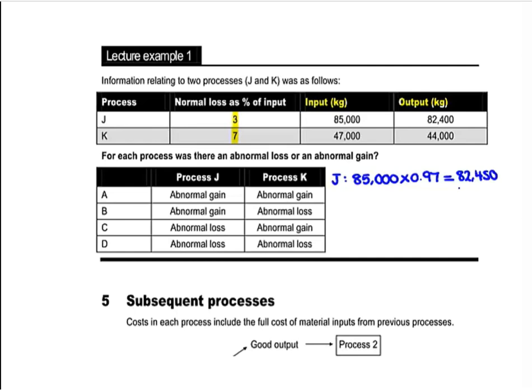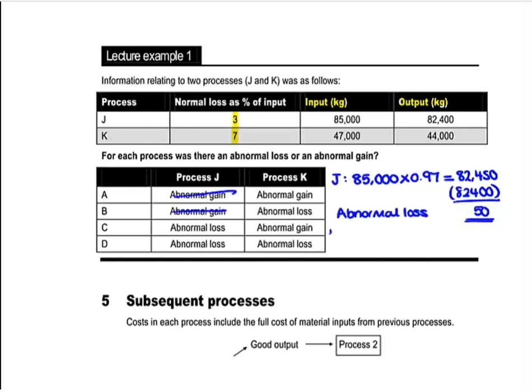Actual output was 82,400. So what that means then is that we have got 50 units of output less than we were expecting. And so that is going to be an abnormal loss. So we already know that it's got to be C or D.